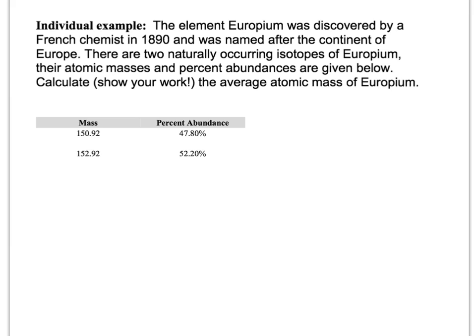Again, knowing that percent abundance in decimal form times my mass, plus my second percent times my mass, will get me my average. My percent in the beginning is 47%, which I'm going to change to 0.478, and multiply that times 150.92.